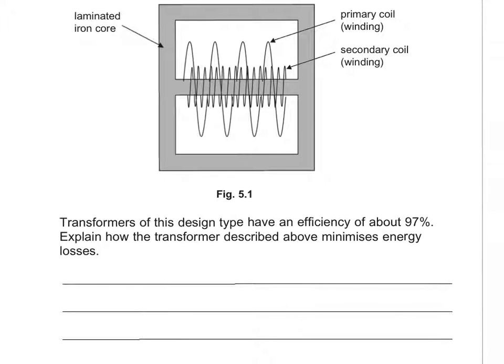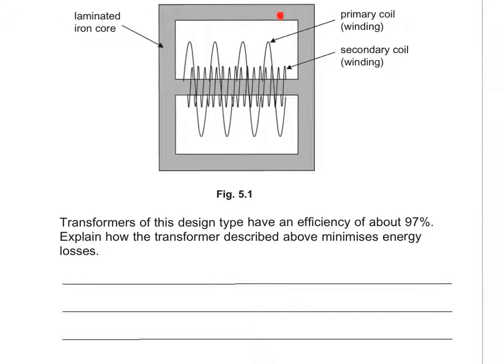It mentions eddy currents. Now, if you're creating a changing magnetic field in this zone, then you're going to force electrons to start forming little currents as a reaction to those magnetic fields. The little swirling currents that we get in the iron core are called eddy currents. How they reduce eddy currents is that they laminate the core.